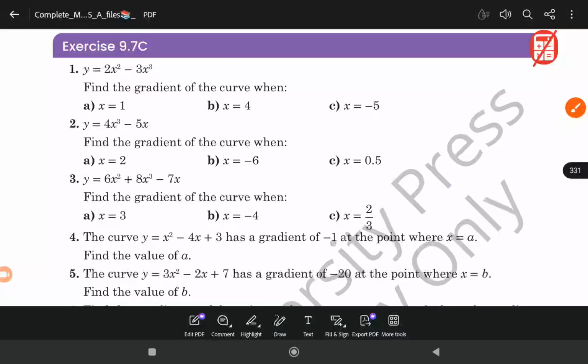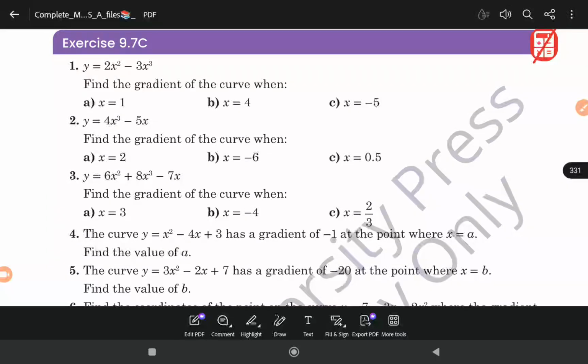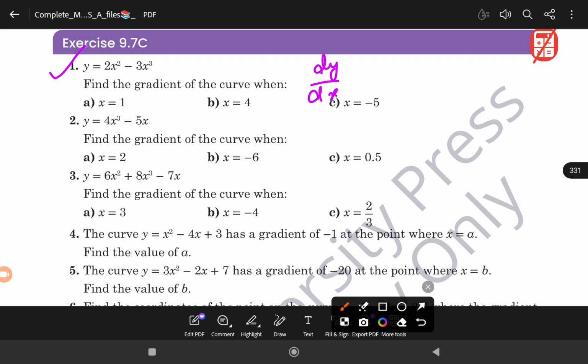First we will find the derivative of this equation. The derivative will be dy by dx. As I told you in the previous lectures, the coefficient will remain the same. Make the power the coefficient and decrease 1 from the power, so it will become 1. Then for the 3, make the power the coefficient and decrease 1 from the power, so it will become 2.